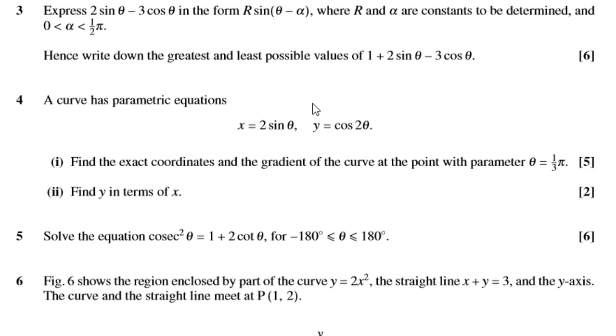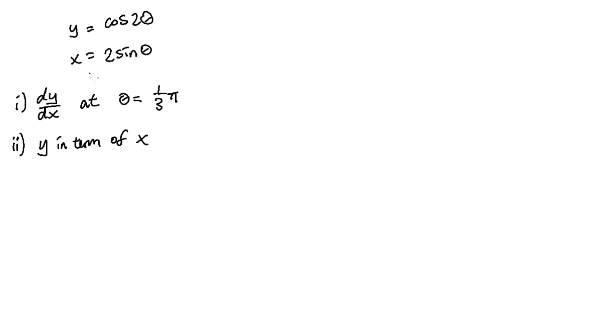Question 4 is parametrics. x equals 2 sine theta, y equals cos 2 theta. Find the exact value of the gradient of the curve at the point with parameter theta equals a third pi, and find y in terms of x. This is a very typical kind of question because it's a chain rule, sort of. So let's find dy by d theta and dx by d theta, then manipulate that to find dy by dx in terms of theta.